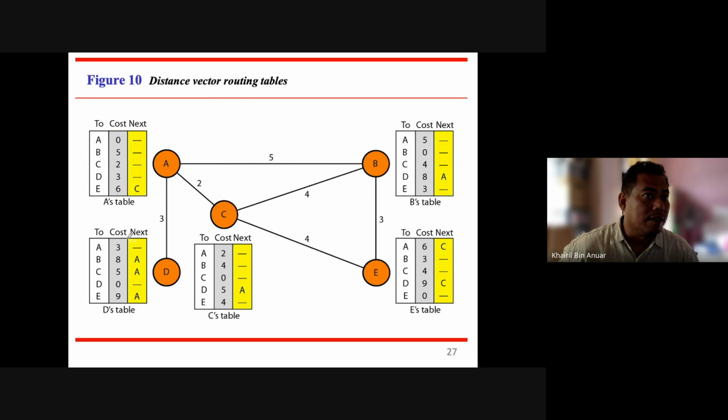You can also look at different tables. Say you look at the routing table for D itself.